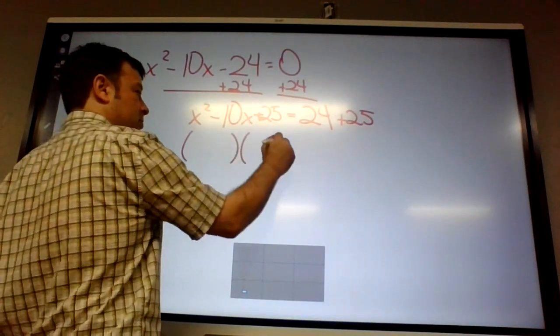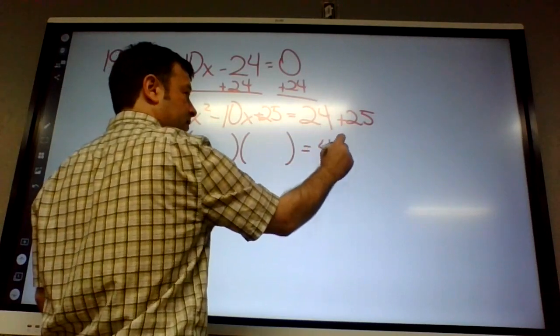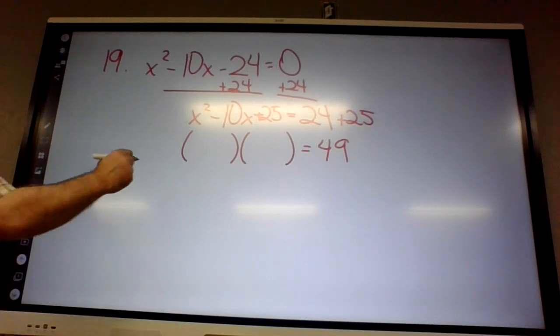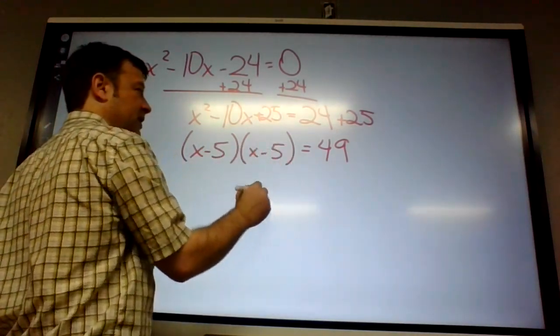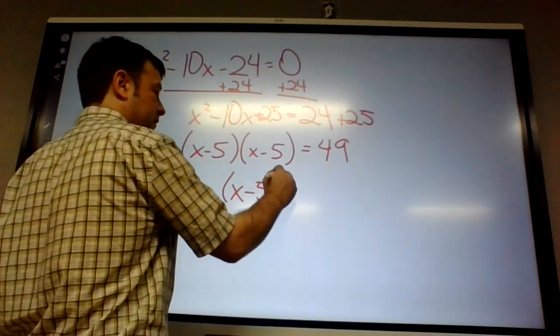The right side is 24 plus 25, 49. What's the left side? X minus 5. Yeah, x minus 5 times x minus 5, or x minus 5 squared.